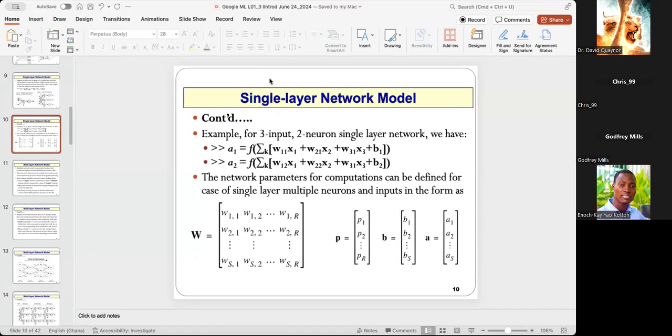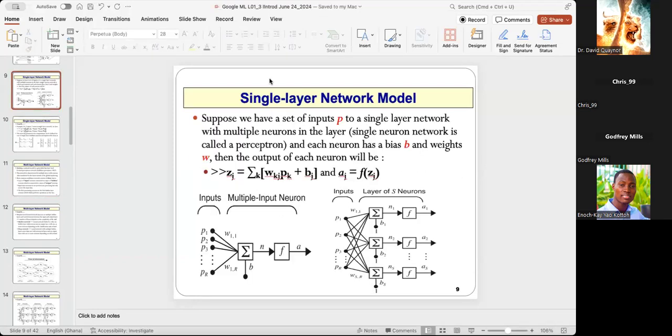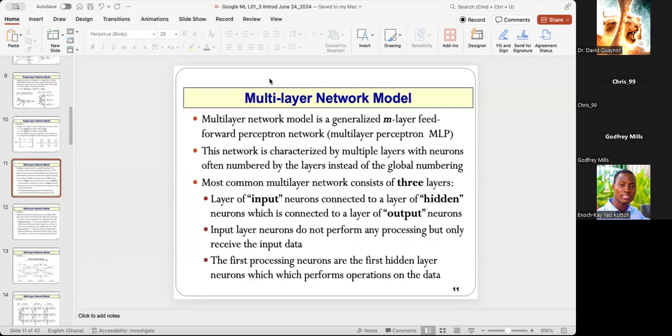When we come to data processing, we'll look at the feature aspect as well. So that is about the single layer operation.